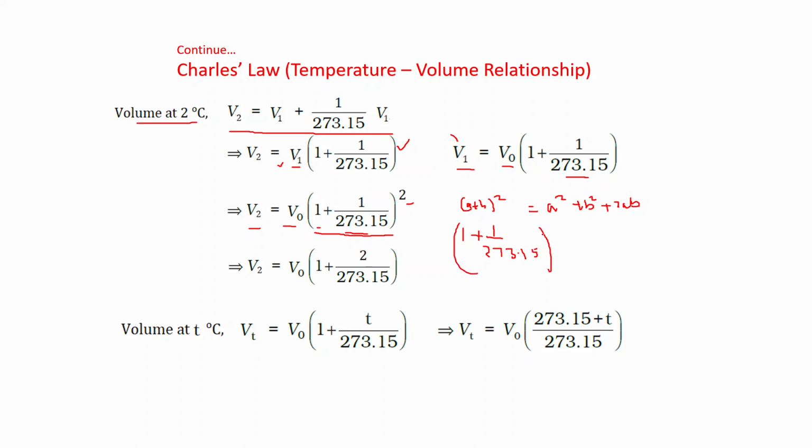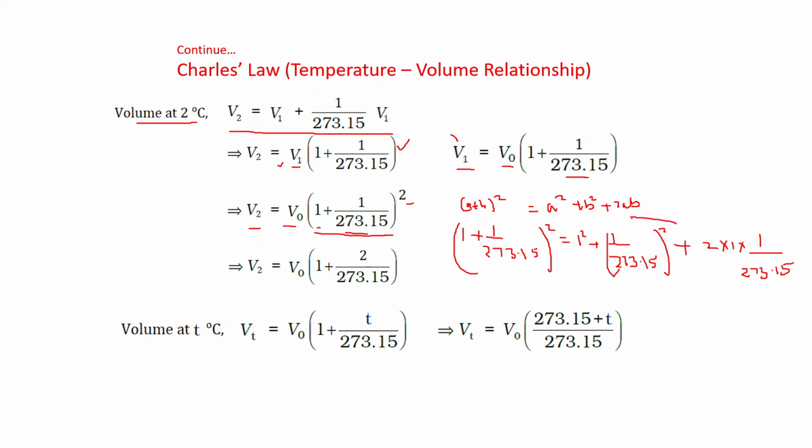Make it square, then you will get 1 square plus (1/273.15) square plus 2 into 1 into 1/273.15.